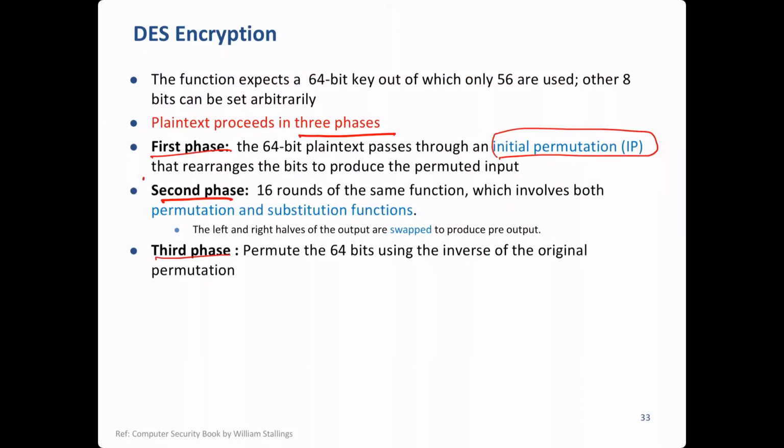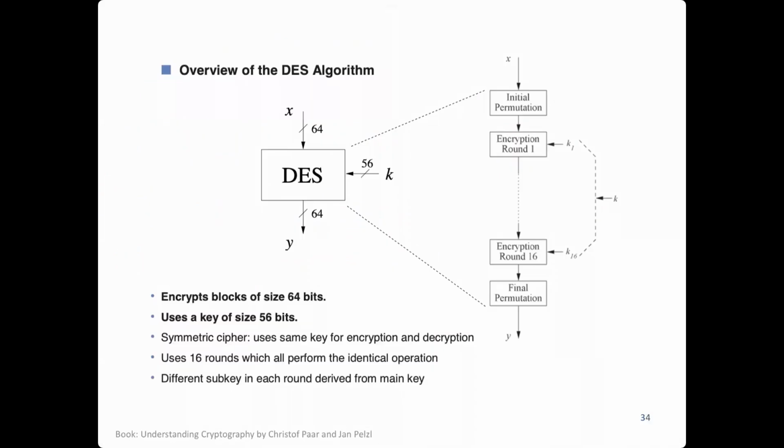The second phase is the heart of it, where you do 16 rounds of a function which is a combination of permutation and substitution, the confusion and diffusion functions that we studied a short time back. At the end, in the third phase, you permute again, using the inverse of the original permutation.